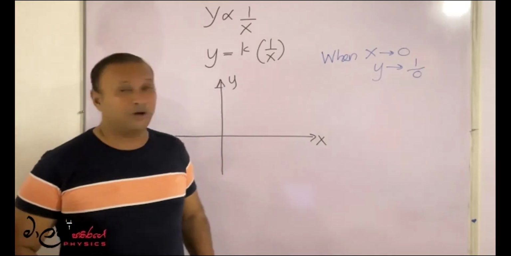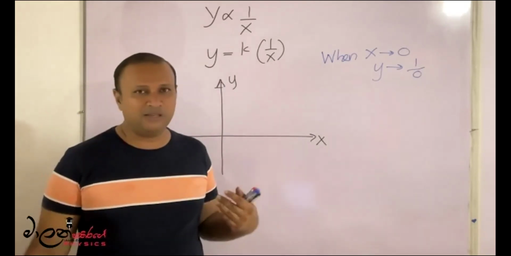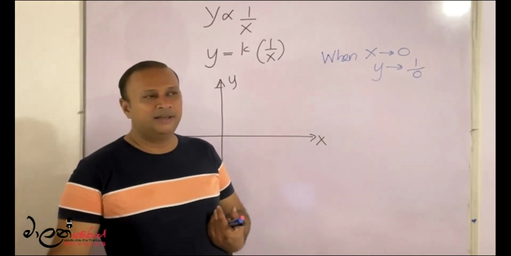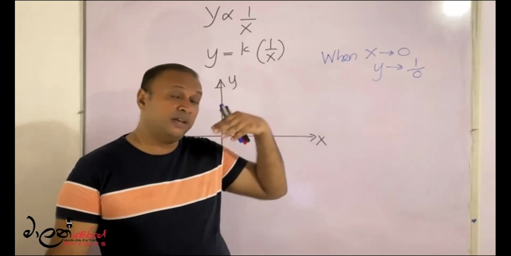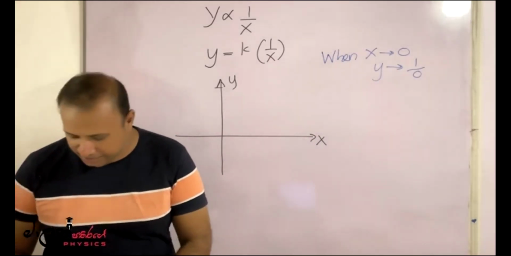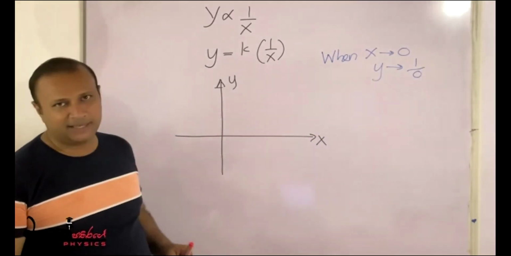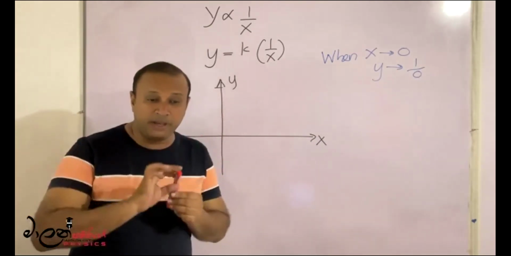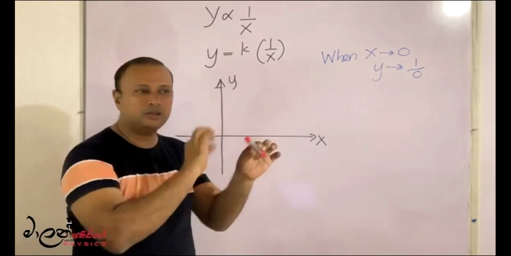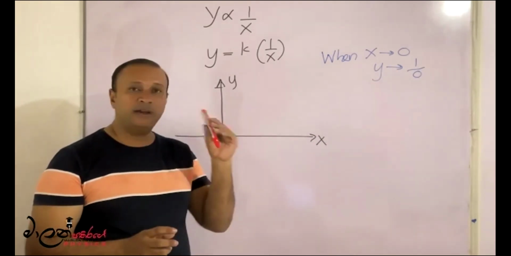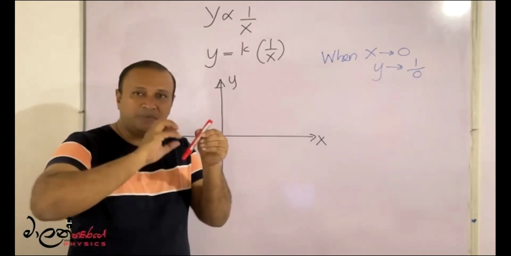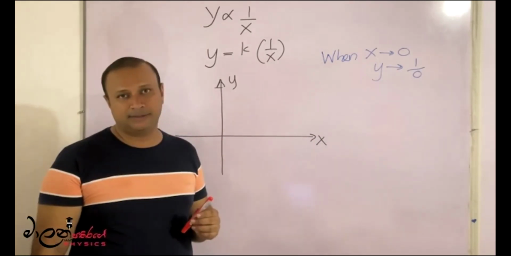Normally, in mathematics, we cannot define division by 0. But we can assume that it is a very huge number. Suppose there is a pen. If you want to divide this pen by 2, you have to separate it into 2 equal parts. If you divide it by 4, you separate it into 4 equal parts.